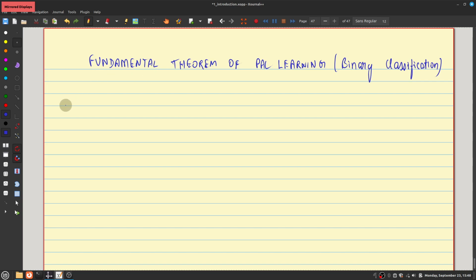Again, we fix a domain X. The label set is {0, 1}. And the loss is the 0-1 loss. That's the assumption, so we're doing binary classification. Then for any hypothesis class H, the following properties are all equivalent.